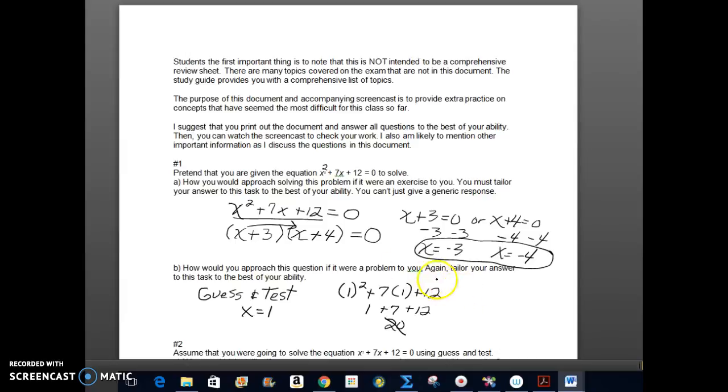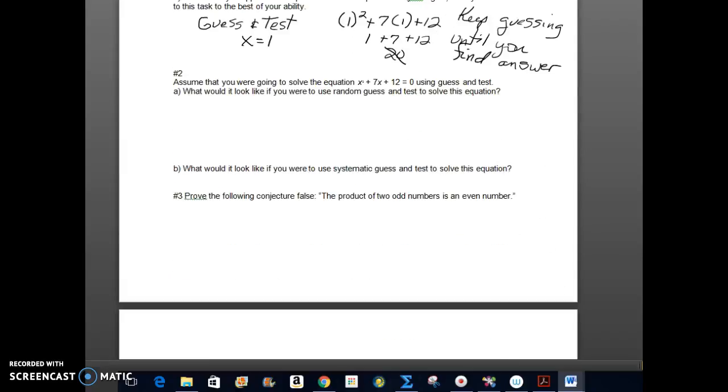And then you would finish up by saying, keep guessing, right? Until you find the answer. And my guess is most people who used guess and test would only find one of the answers because they wouldn't know that there were 2.